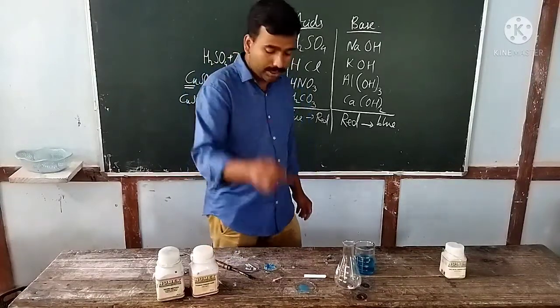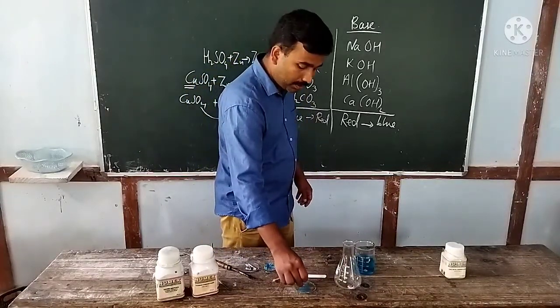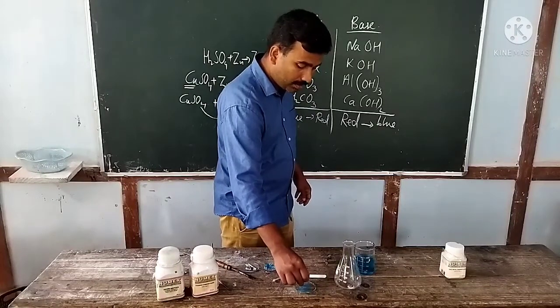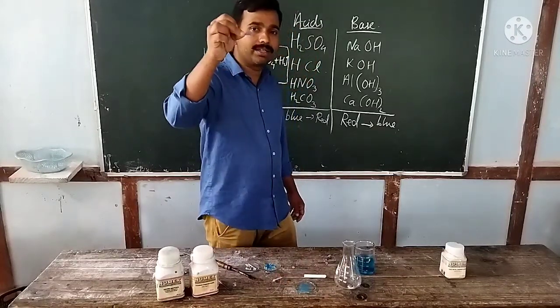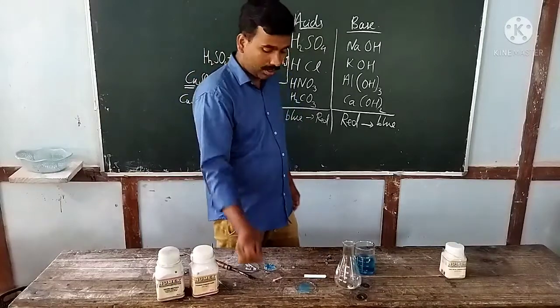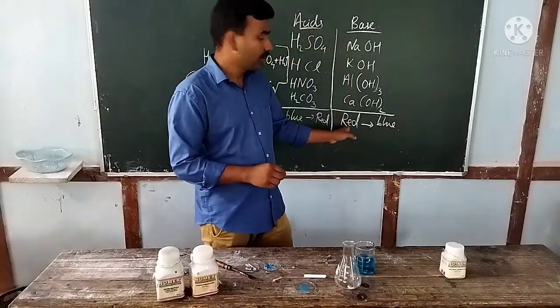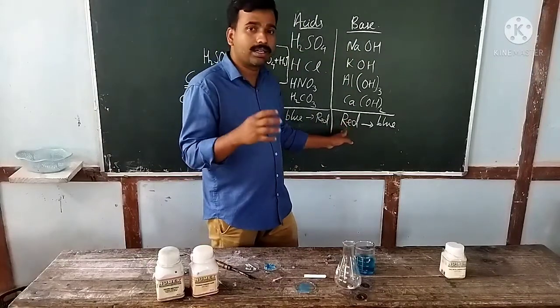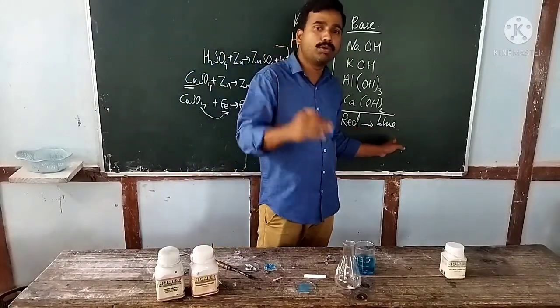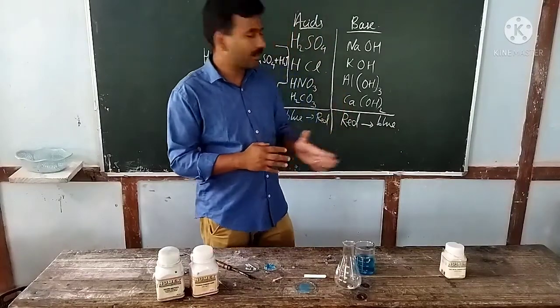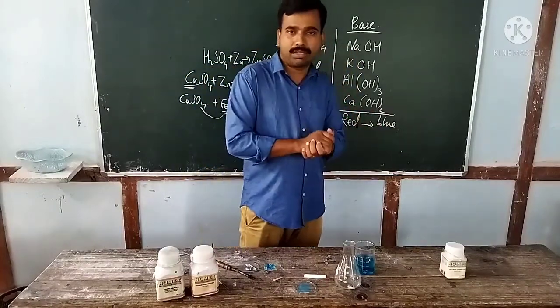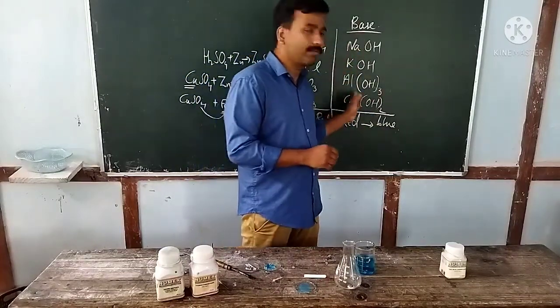When I put it in the potassium hydroxide solution, what happens? Its color will change to blue. Which means the red litmus paper will change to blue when it comes in contact with basic substances. So these are some examples of bases.